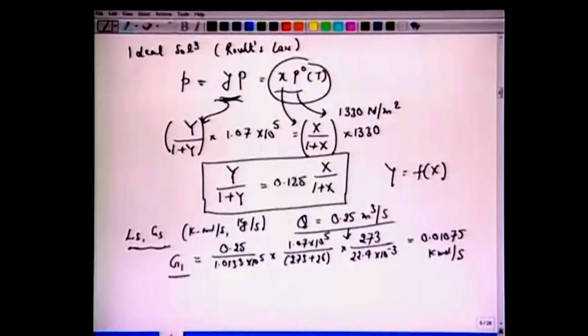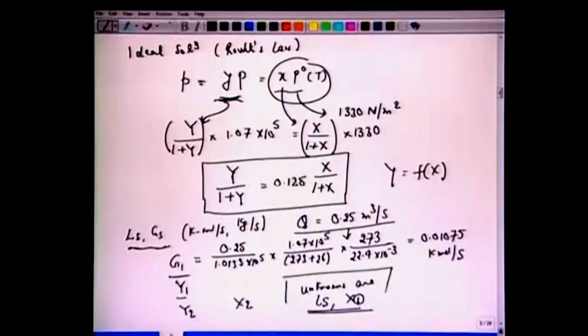Okay, so now our problem is almost over. G1 and capital Y1, these two are given here, Y2 is given, and X2 is also given. So the unknowns are the liquid flow rate Ls and the spent liquor concentration at location 1, X1. And we are also supposed to remember that we said Ls has to be determined from the minimum operating conditions, the minimum amount of solvent required, from the criteria which we discussed in the earlier class.